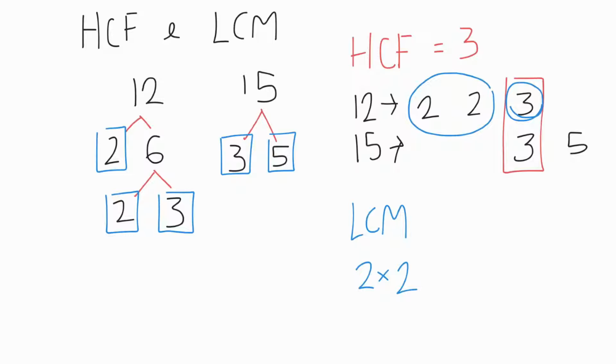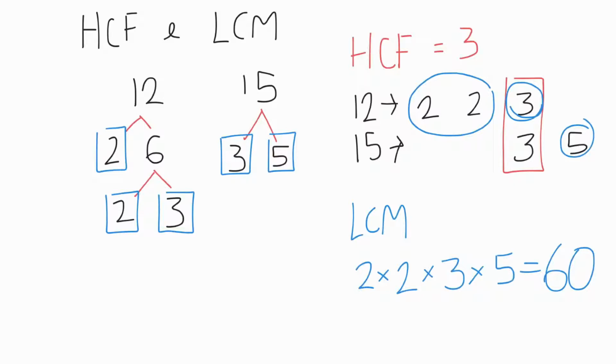We've only got 1, 3 in each one. And we've got 1, 5. So we multiply those together. 3 times 5 is 15. 2 15s are 30. 2 30s are 60. So the lowest common multiple is 60. So that's 5 12s and 4 15s.